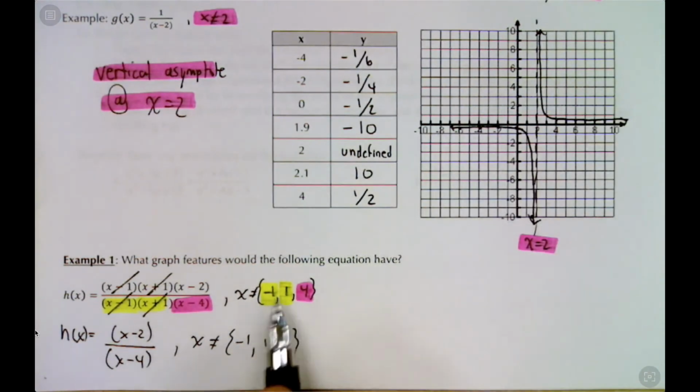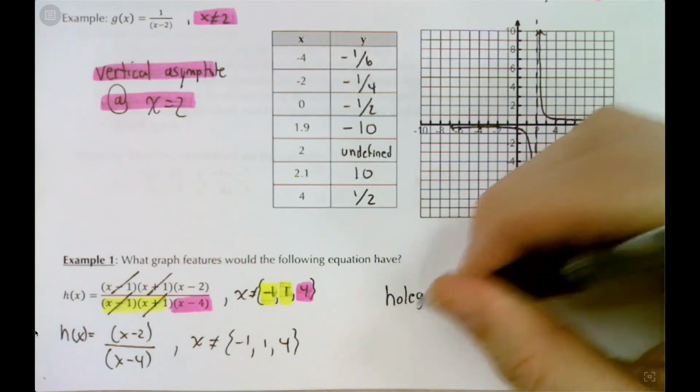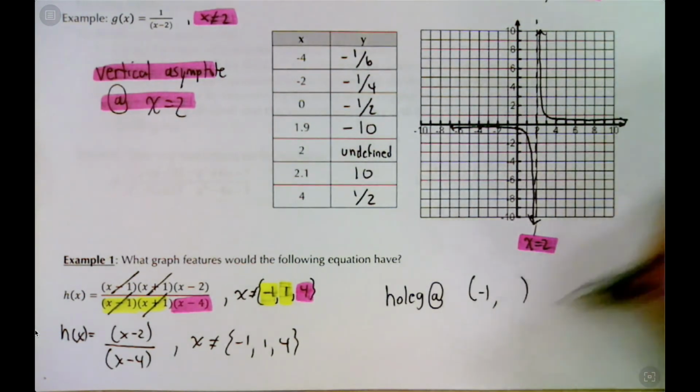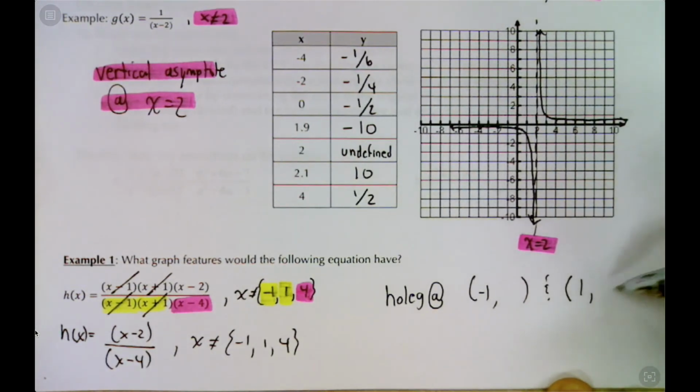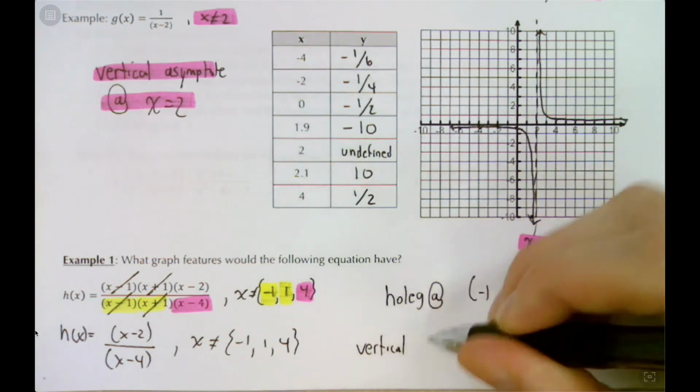What features would the following equation have? Well, 2 of them divided away, 1 and -1, so those would lead to holes. So we'd have holes at -1 comma something and 1 comma something. And we can figure out what those somethings are. And we had one that didn't divide away, so that's a vertical asymptote.